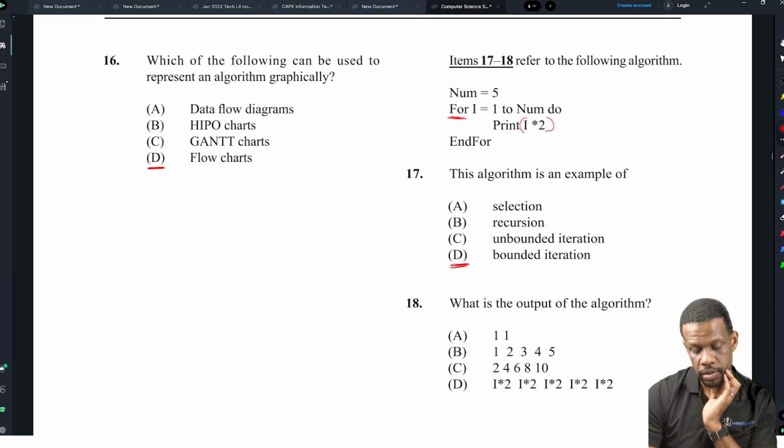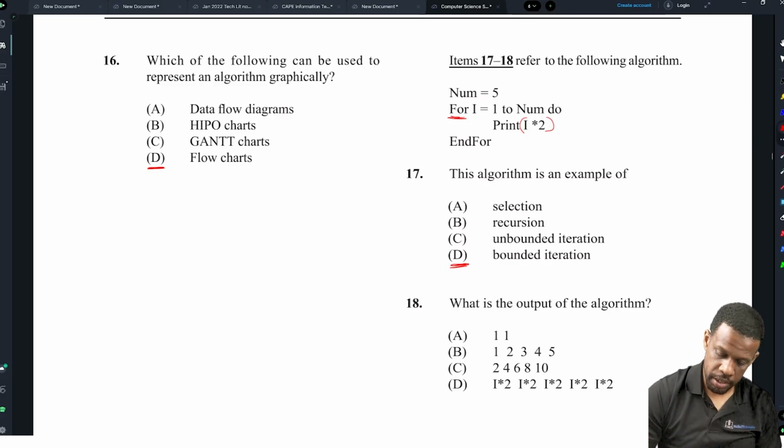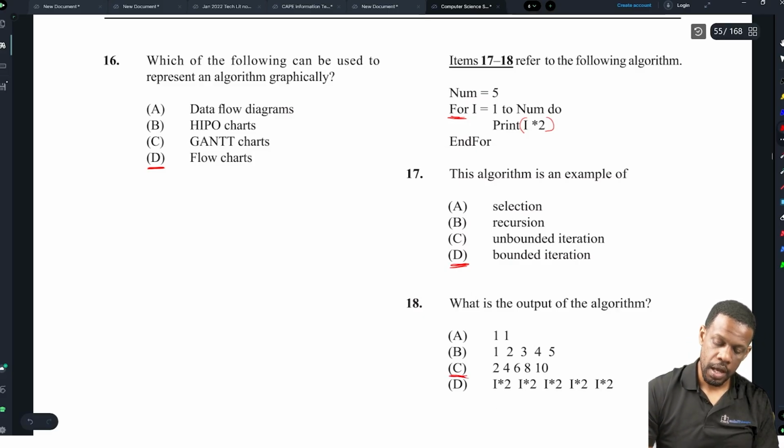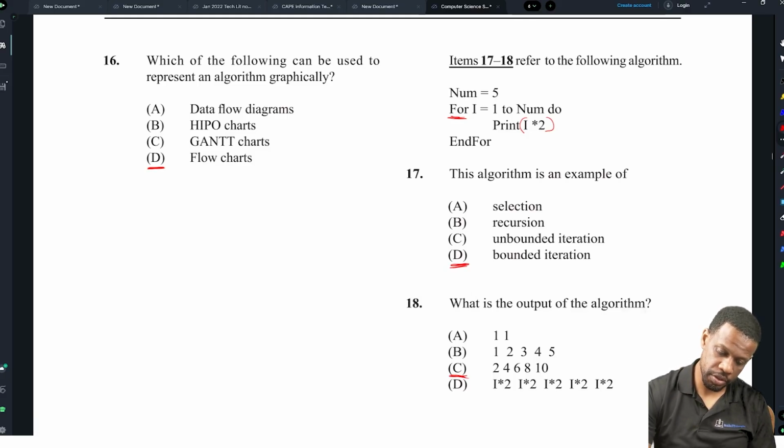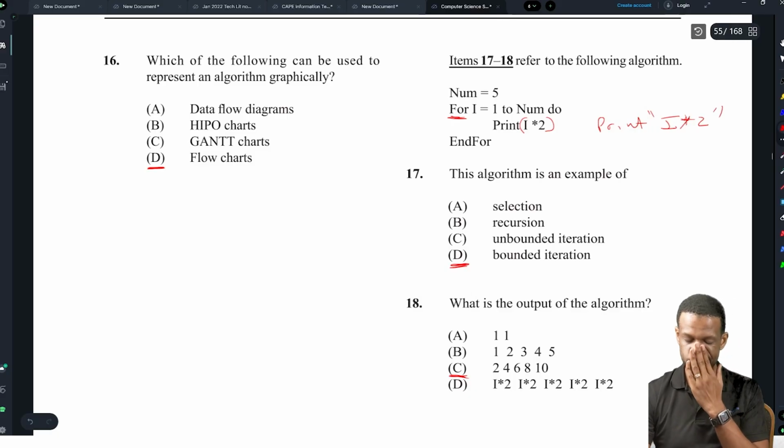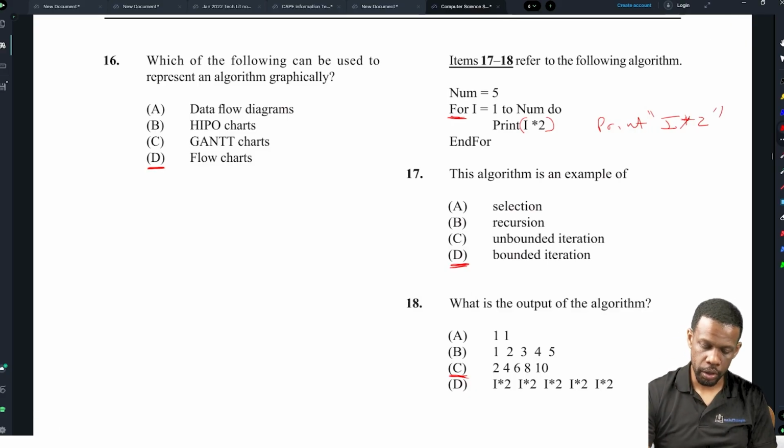So we're supposed to get 1 by 2 is 2, 2 by 2 is 4, 3 by 2 is 6, 4 by 2 is 8, and 5 by 2 is 10. Yeah, so it should be C. I hope. The only reason it wouldn't be D is because they didn't put quotes. If they had print and quotes I star 2, that means I star 2 would be treated as text and it would have been D, but it's not. So we will assume it's that, right?